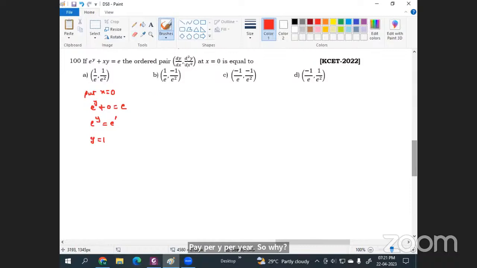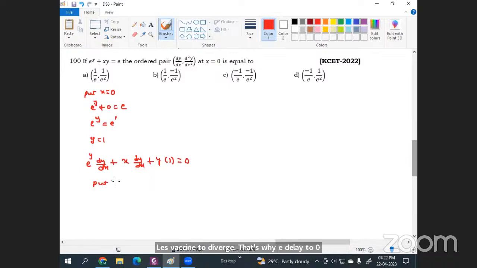The ordered pair dy by dx, d square y by dx square at x equal to 0. Next, e power y differentiate plus x into dy by dx plus y into derivative of x is 1. e derivative is 0.